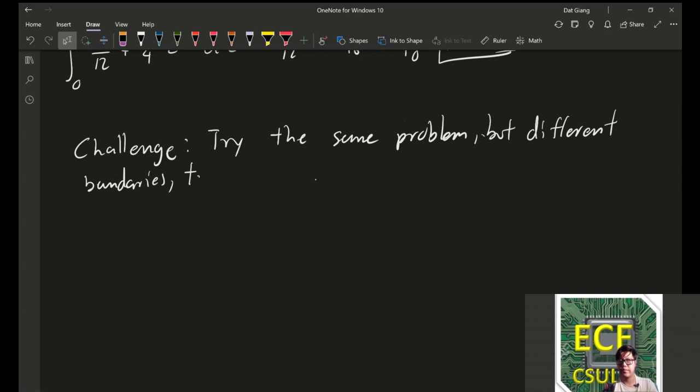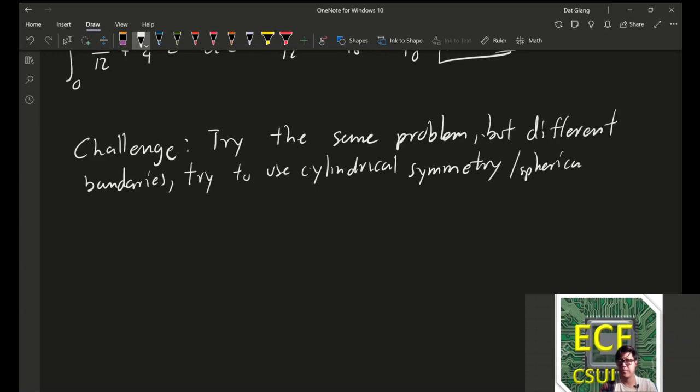Or try to use cylindrical symmetry, or spherical symmetry. These are just some variants of how we can do these problems and how we can show how these problems are helpful for us to try and get the best practice out of triple integrals or even double integrals.